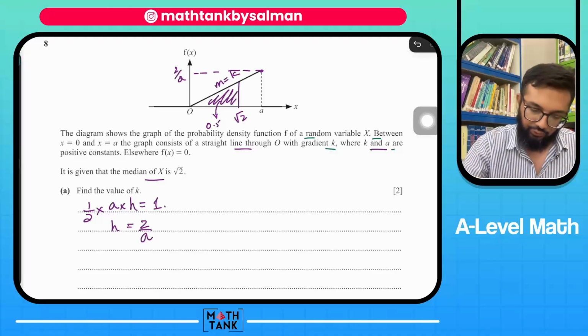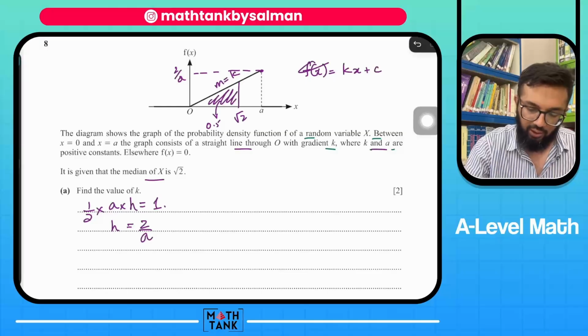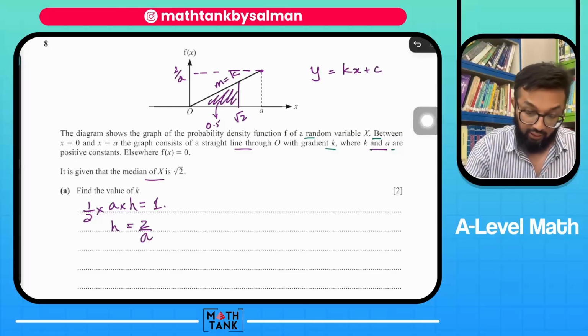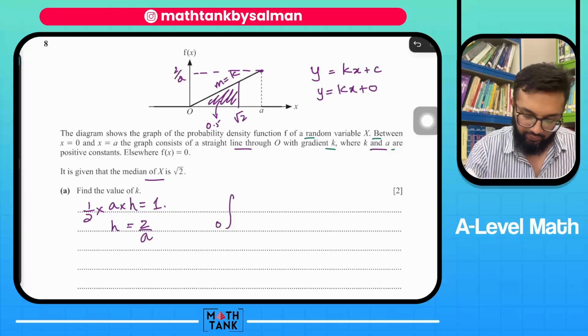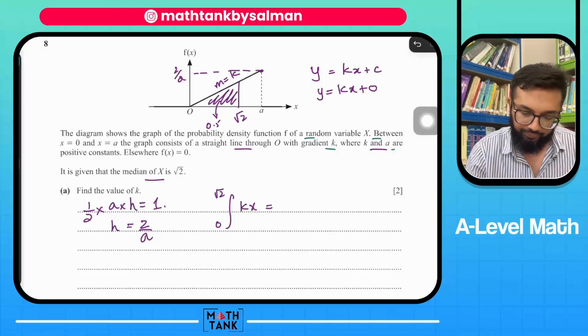So can I construct an equation first? y equals mx plus c, and c is 0 basically, so kx plus 0. So the equation of this line is y equals kx. What I'm going to simply do is integrate kx from 0 to root 2, which should equal 0.5. Why? Because it's the median.